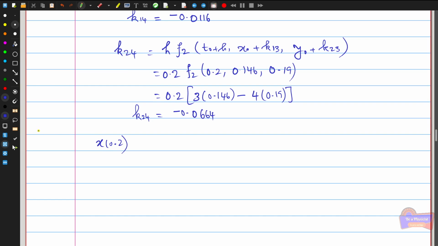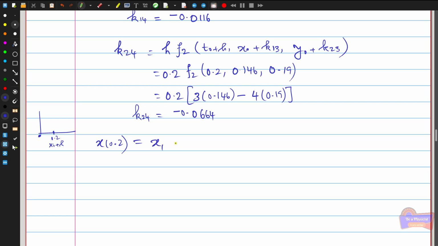That means we already know the value of x is 0 at time step 0. We are calculating x of i plus h, which is 0.2, which I take as x1. The series x of i plus 1.